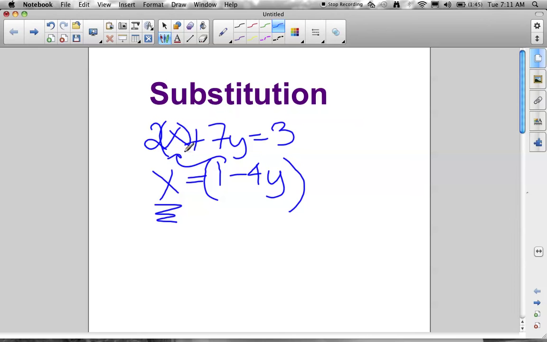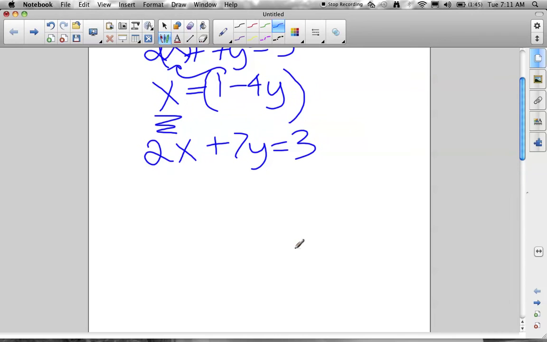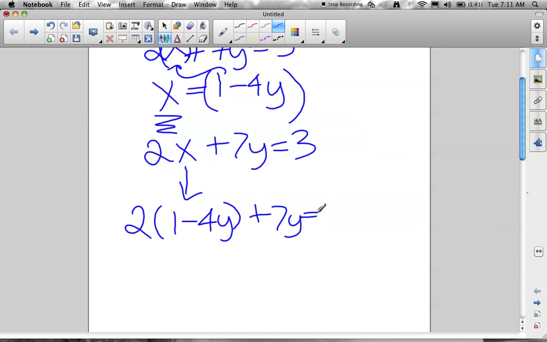So what does that look like? 2x plus 7y equals 3. We're going to replace x with 1 minus 4y, plus 7y equals 3. Notice the only thing I did was substitute x right here, with that second equation, the 1 minus 4y.